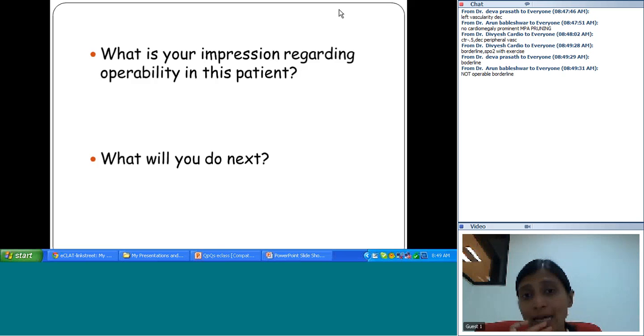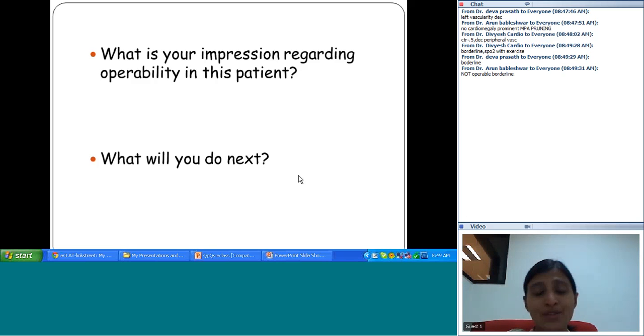His right axis deviation, right ventricular hypertrophy and poor R wave progression all fit in with probably a pulmonary hypertensive patient. He does not have an MDM. His saturations are again slightly confusing. At times they were 92, at times 96, so probably slightly borderline on that count. So it was decided that we would cath this patient.